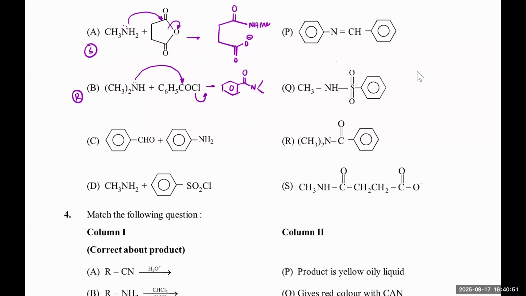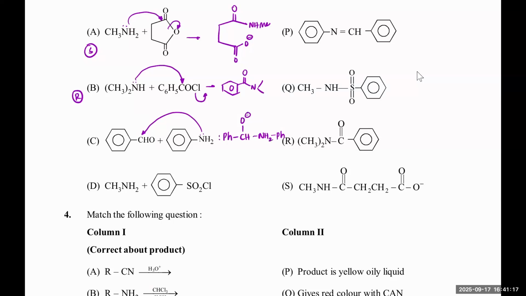Next one. Lone pair from here attacks on this position, so that leads to PHC double bond O. Sorry, not double bond O, addition here. So we will get this as O minus, O minus H with NH and pH. Clear?